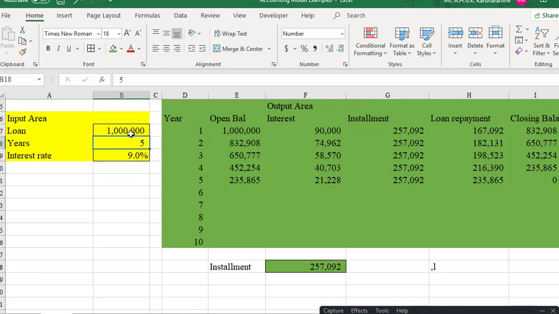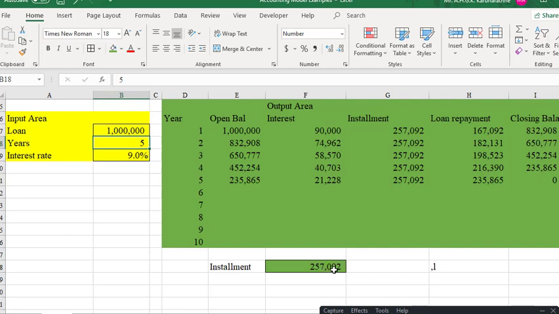Okay, so let's say a particular customer wants to get 1 million and he is willing to repay this over 5 years. Once the installment is computed, the annual installment is 257,000.